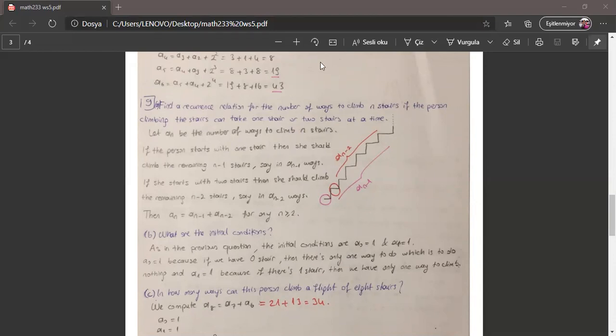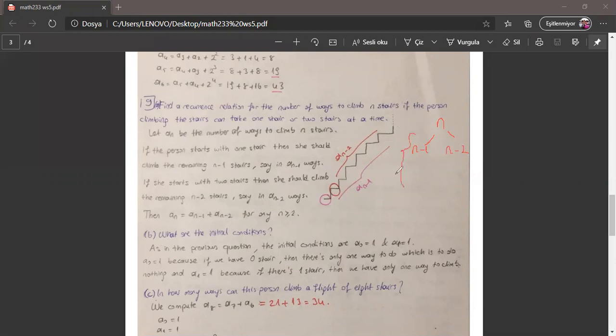You can think of it like this: when the person takes one step, the remaining steps will be n minus 1 many, and if he or she takes two steps, then the remaining will be n minus 2.